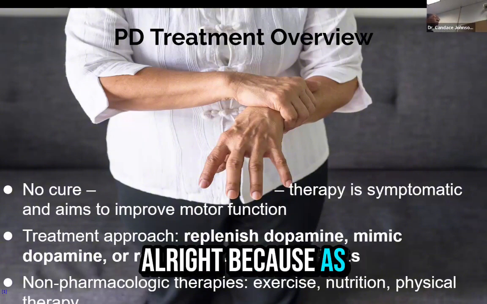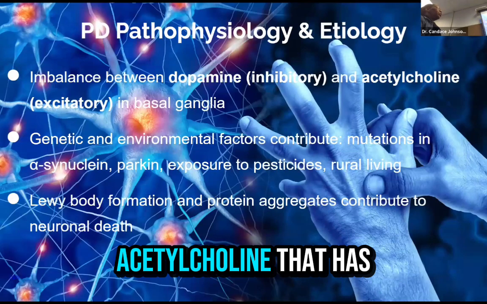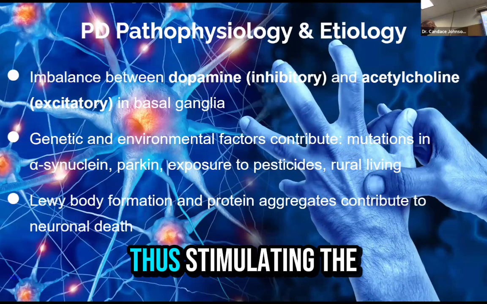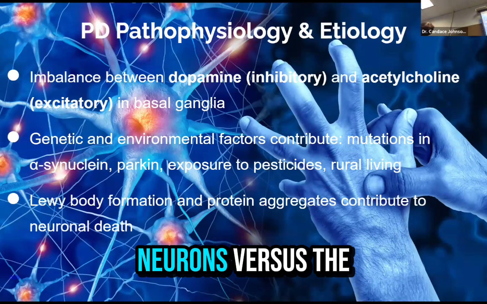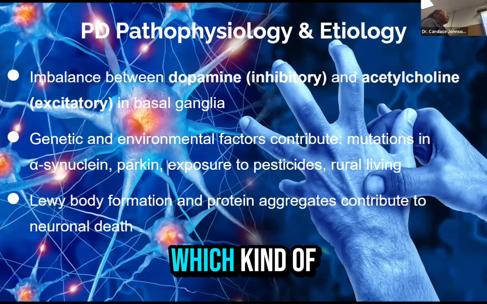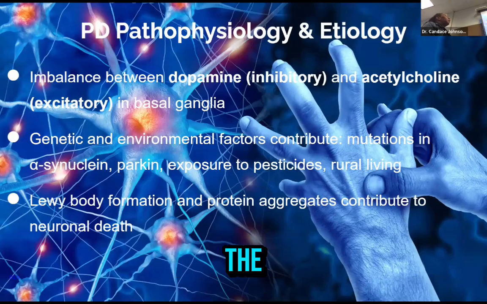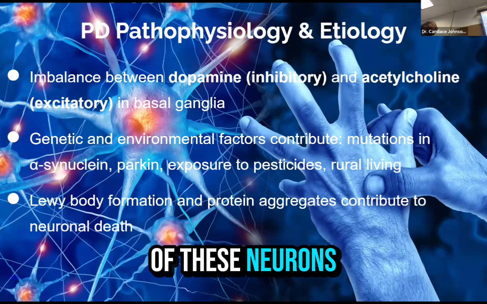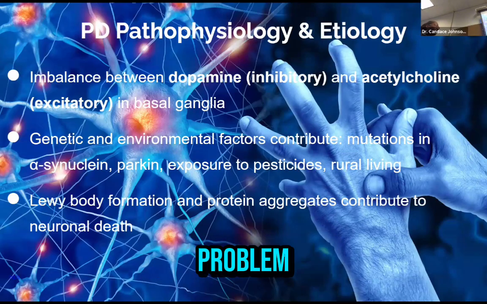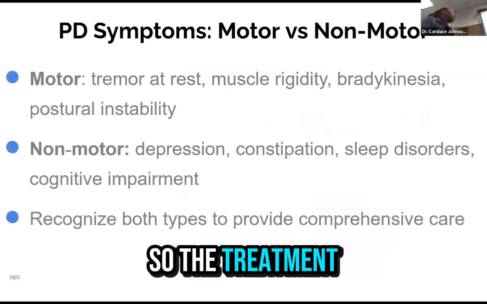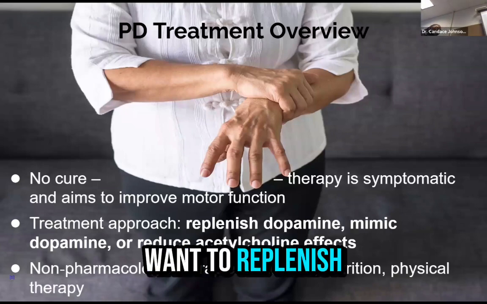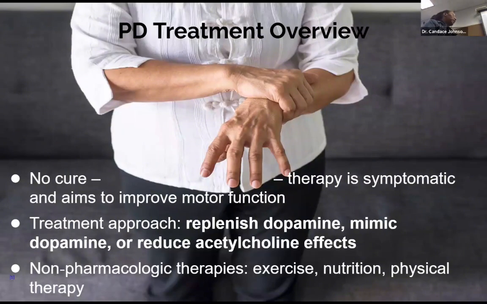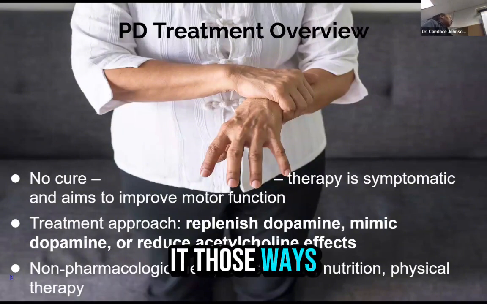Because as I mentioned earlier, it's the acetylcholine that has an excitatory effect in the basal ganglia, thus stimulating the production of the neurons, versus the dopamine, which kind of stops or blocks the development of these neurons. So the imbalance is the problem. The imbalance is the problem. So it makes sense that we would want to replenish dopamine, mimic dopamine, or reduce the effect of acetylcholine. So hitting it those ways.